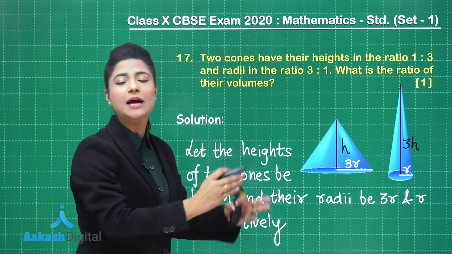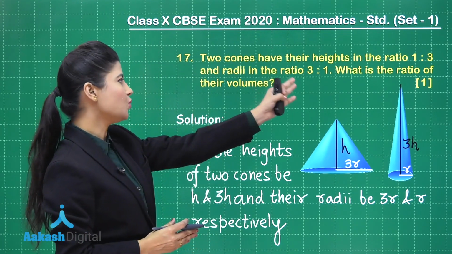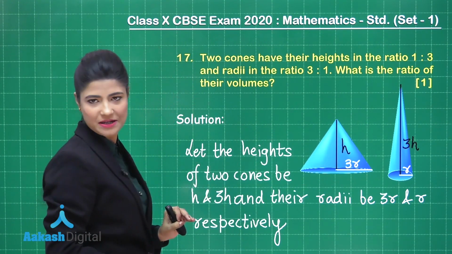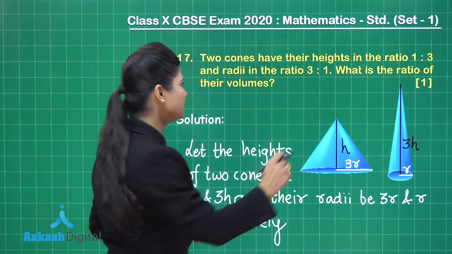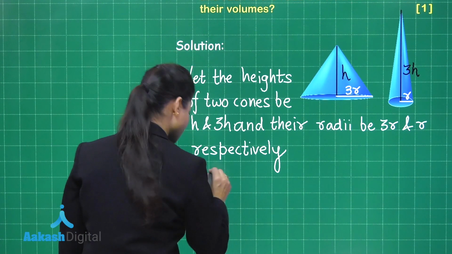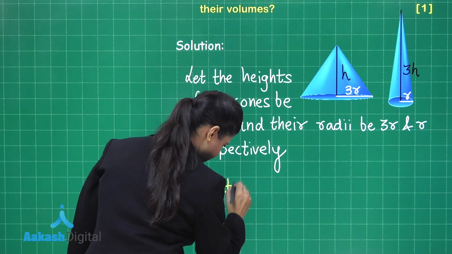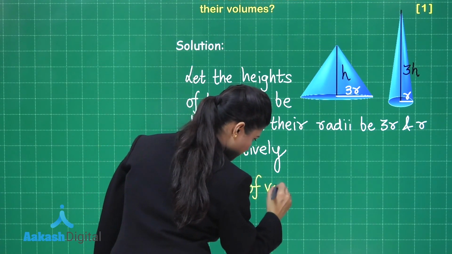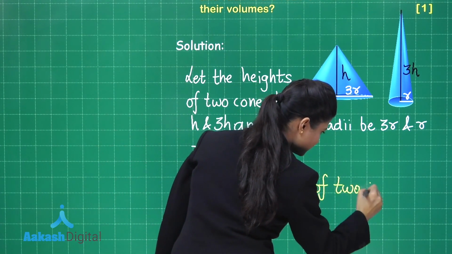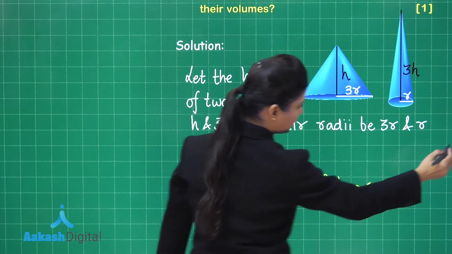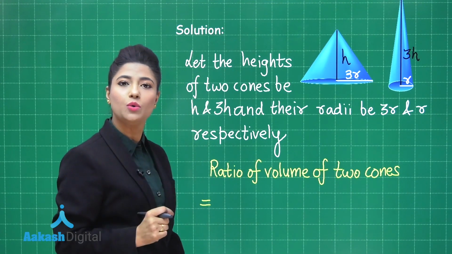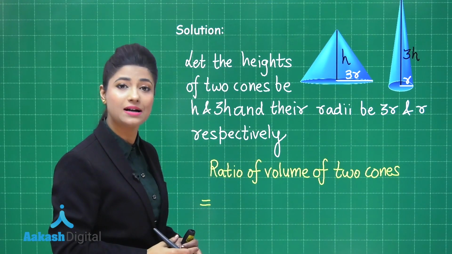Next, let their radii be in the ratio 3:1. According to this question, I am considering their radii be 3r and r respectively. According to this condition, further we will obtain ratio of their volume. So next you can write ratio of volume of two cones will be given by ratio of their volume, where the volume of cone has the formula 1/3 pi r square h.